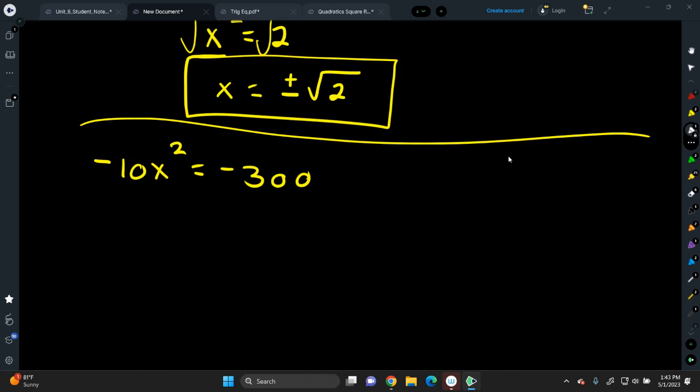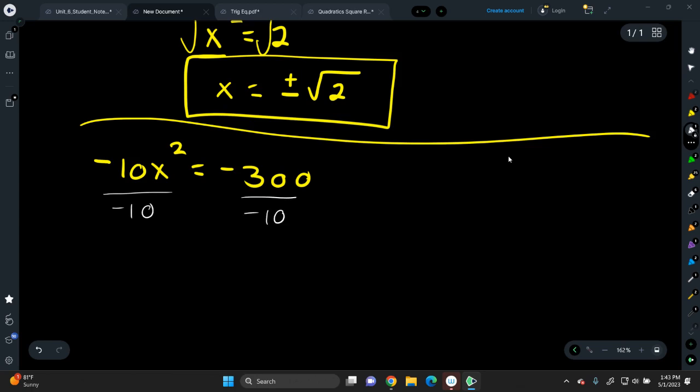I want to get the x squared by itself first. So we're going to divide both sides by negative 10 so that we can get the x squared by itself. In order to use this method, the x squared must be by itself, okay?